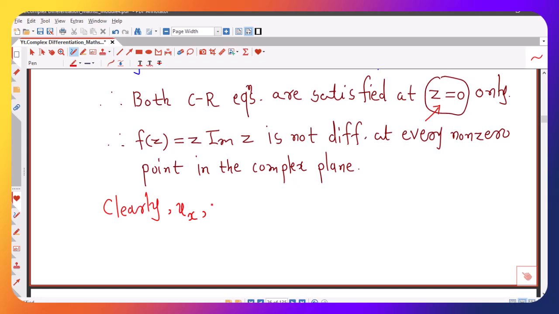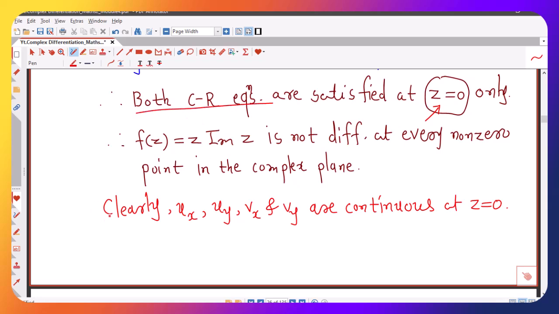So clearly del u by del x, del u by del y, del v by del x and del v by del y are continuous at z equal to 0. In fact, they are continuous everywhere, but here we require continuity at z equal to 0, and therefore we can say that Cauchy-Riemann equations are satisfied at z equal to 0, and these first order partial derivatives are continuous at z equal to 0.